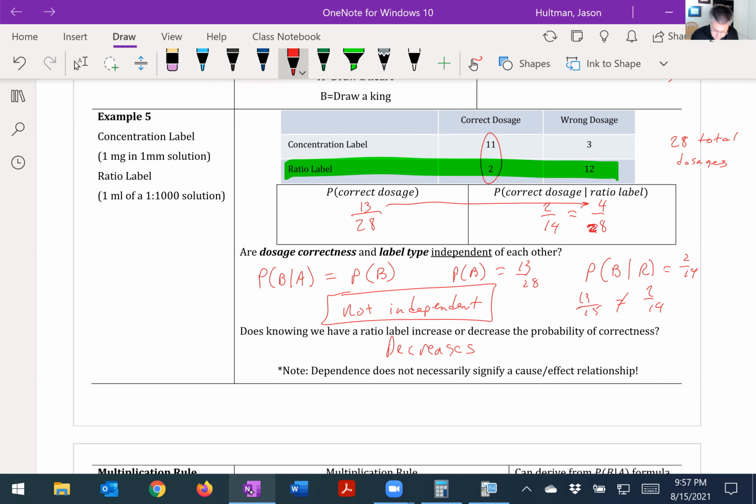That's why it decreases. It might be hard to compare the two fractions without having a common denominator. If you make that common denominator, you can see it was 13 having all of the data, and then it went to 4, just isolating that ratio label.